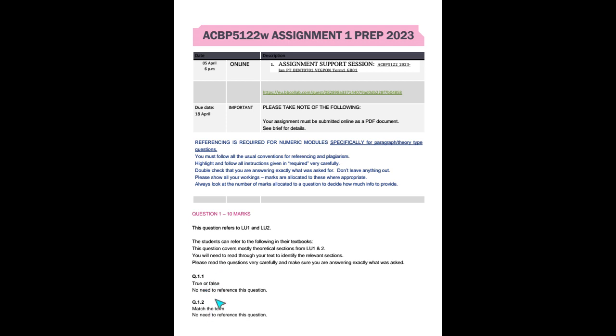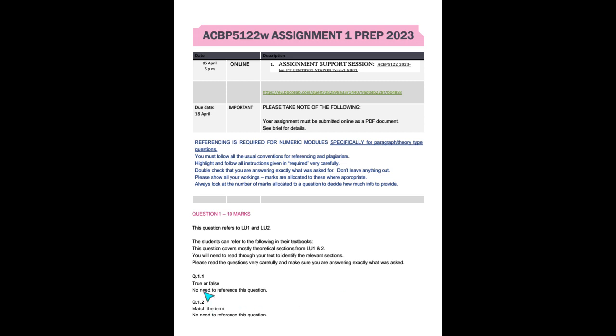So you will need to read through all of the theory from LU 1 and 2 in order to be able to make sure that you've got these 2 questions right. Please do not throw away 10 marks. It's 10% of the paper. Be very careful with your answers and double check them. So you will need to read through that text to identify the relevant sections where the answers are. So read the question carefully and make sure that you are answering exactly what was asked.